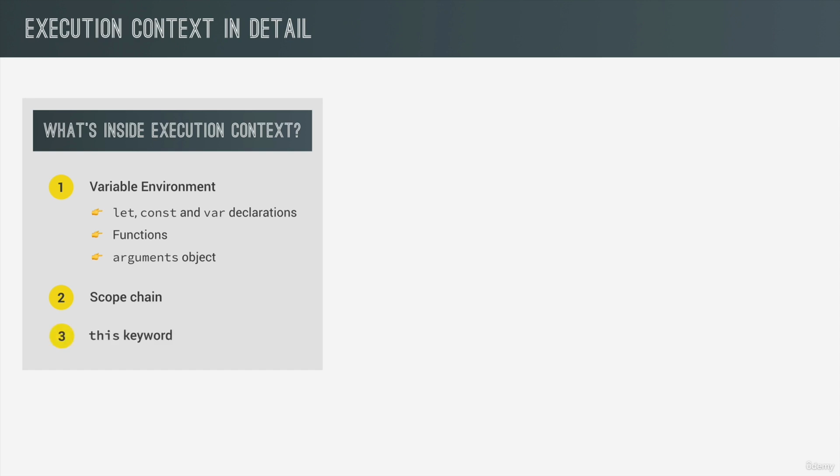And once more, there is a special lecture just about the this keyword later in the section. Okay, now the content of the execution context, so variable environment, scope chain, and this keyword, is generated in the so-called creation phase, which happens right before execution.